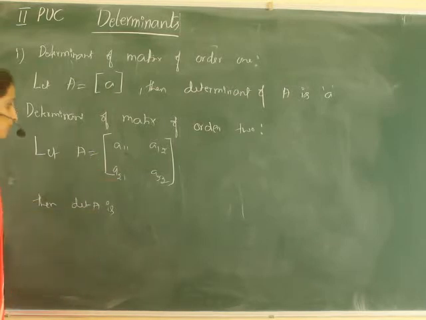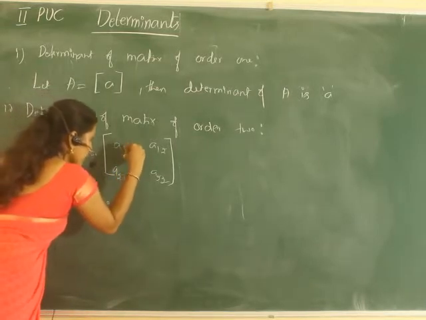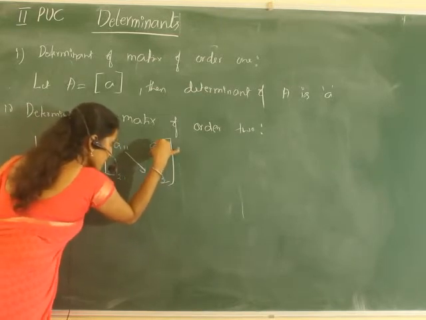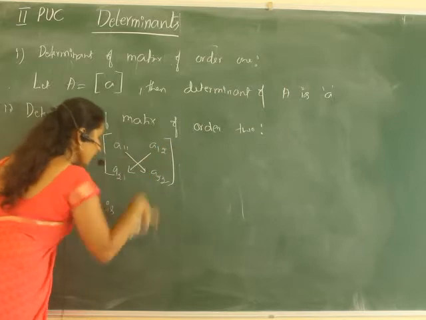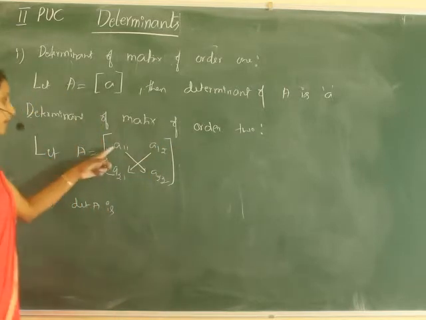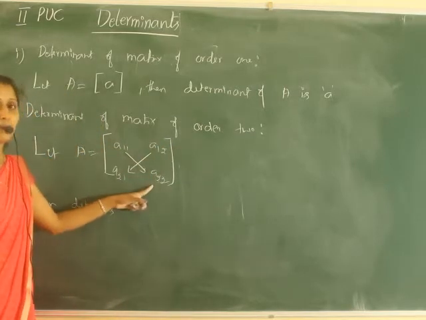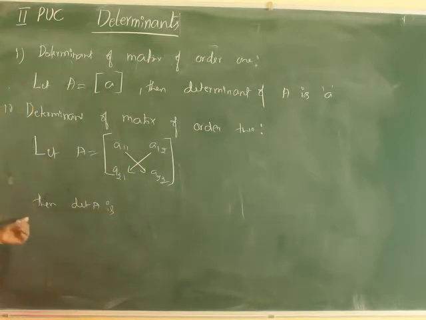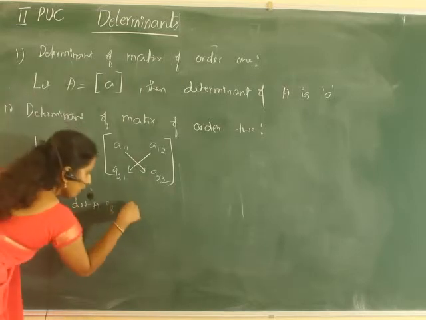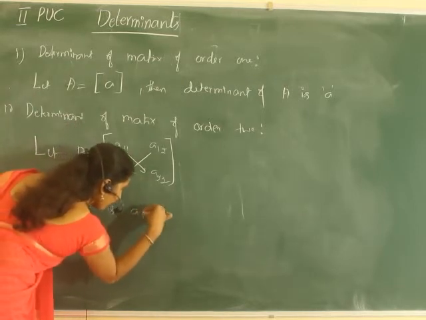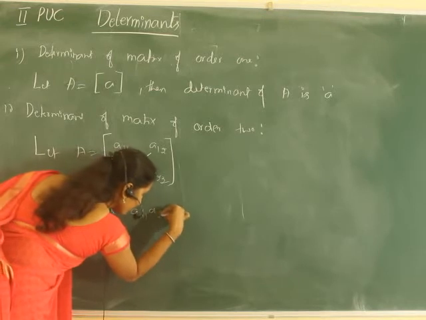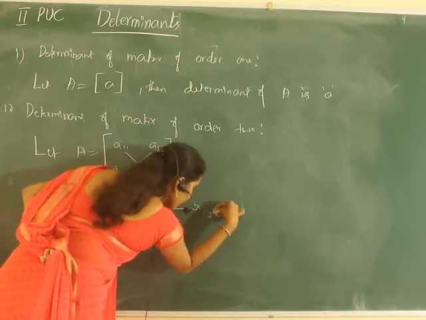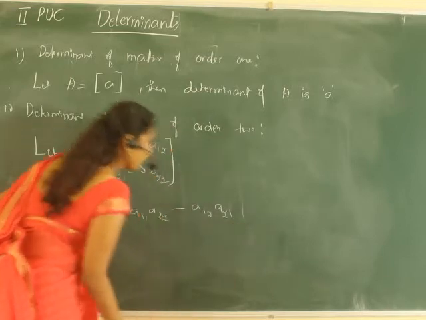So the determinant of A is A11 into A22 minus A12 into A21.